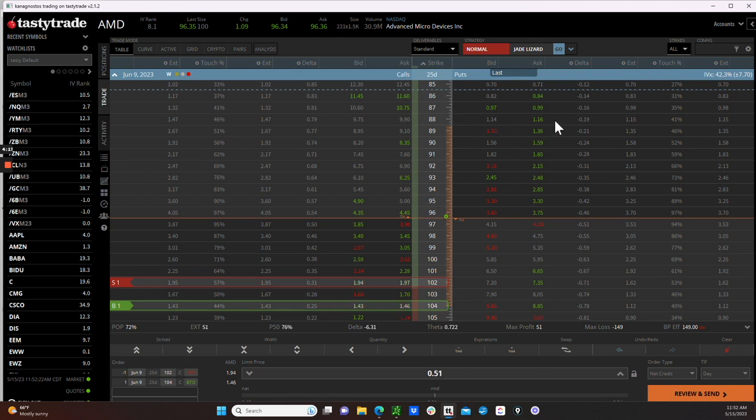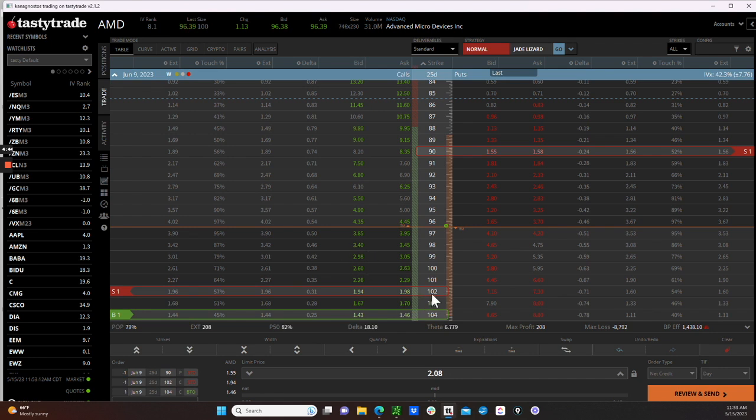You can see that the credits for those puts are $1 and change up to about $1.50. So if we were to sell a $5 wide spread, let's say, on the call side, we would not be able to collect a large enough credit to set this up properly and cover the width of that call spread.